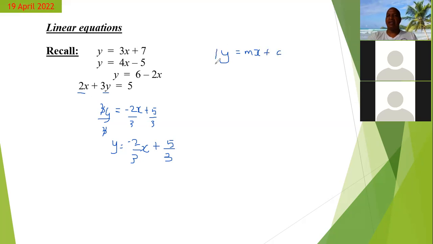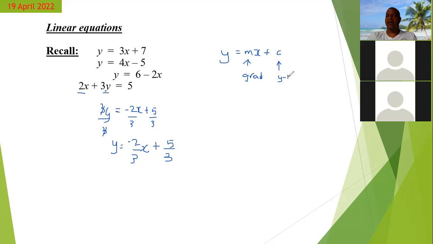Now this is the general form of straight line equations. In this general form, the m represents the gradient of the line, and the c is the y-intercept.